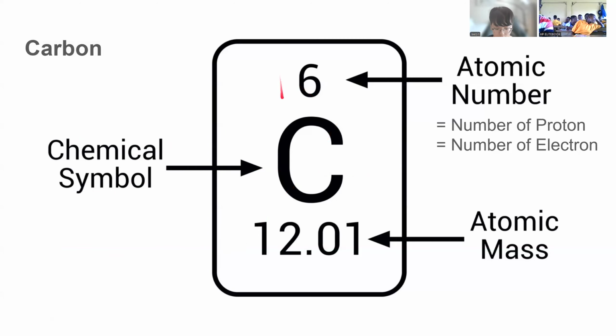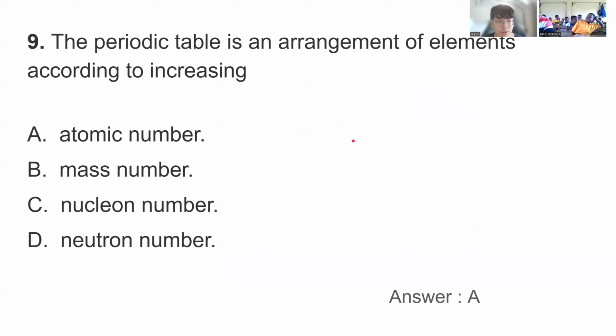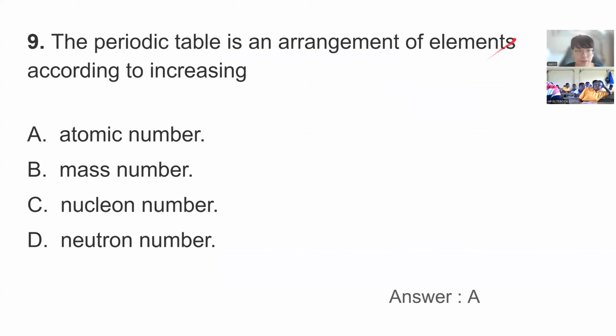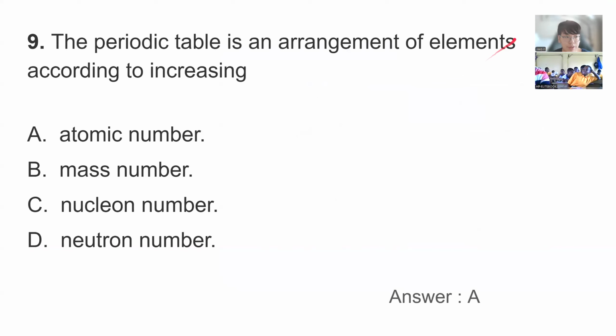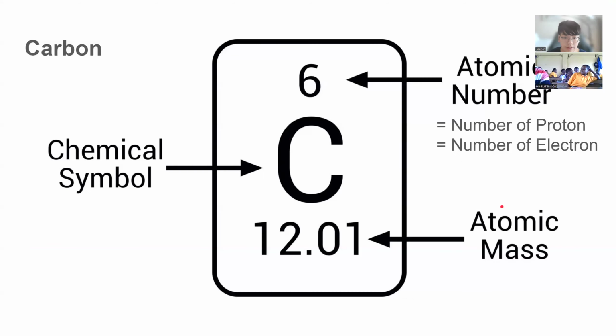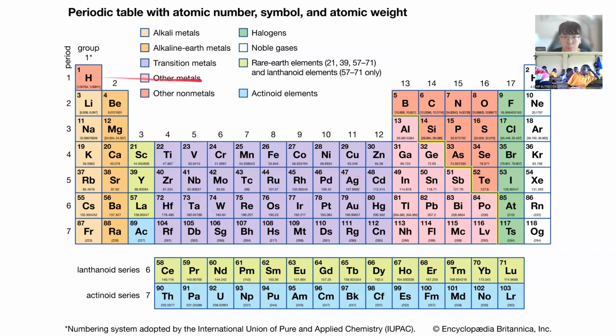And that is determined by the atomic number. Since we actually go back to the question, it was about the arrangement of elements increase according to the atomic number. You can see 1, 2, 3, 4, 5, 6, 7, 8, 9. It's increasing by atomic number.